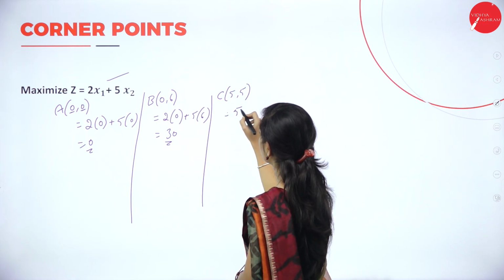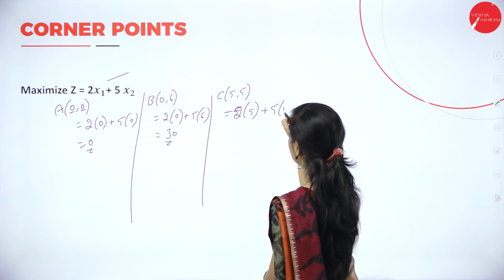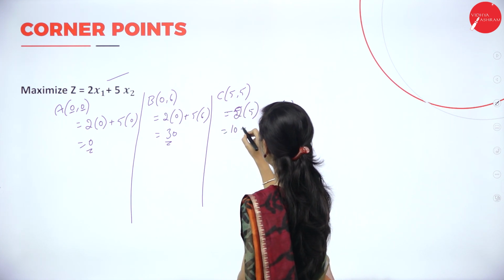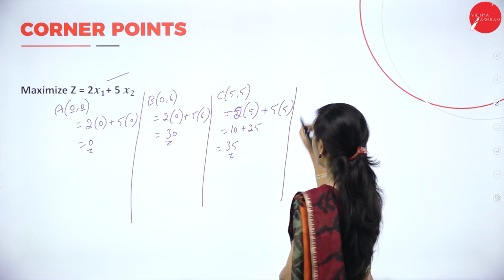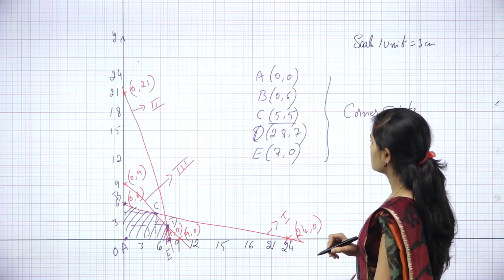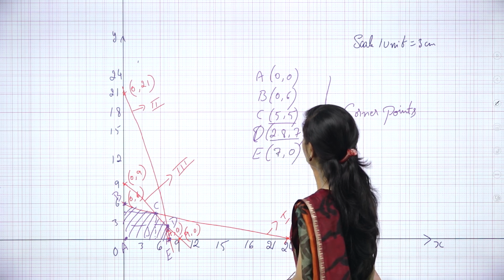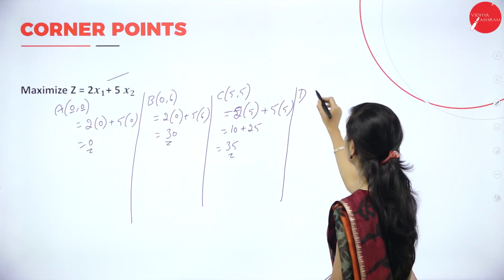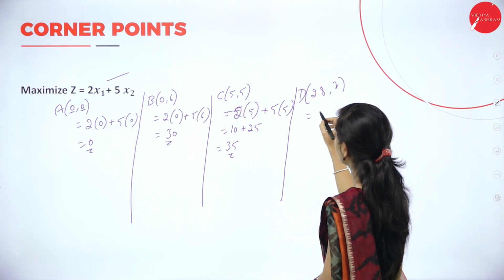It is 2 into 5 plus 5 into 5. 10 plus 25, it is 35. And the fourth point is 2.8 comma 7. Substitute the values.